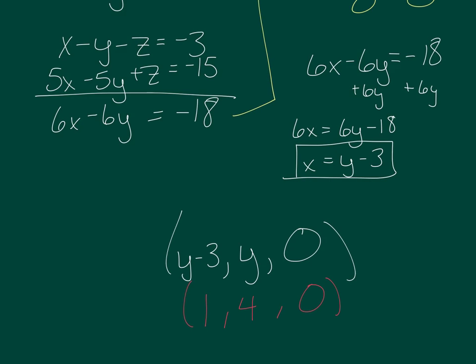And the reason this is infinitely many solutions is because whatever y is, you're just going to say that number minus 3 is going to be this point, and z is always going to be 0. So you can come up with infinitely many points that make that a true statement, whereas in example 1, we found exactly one point where all those planes meet, and that was done. That was all your answer was.